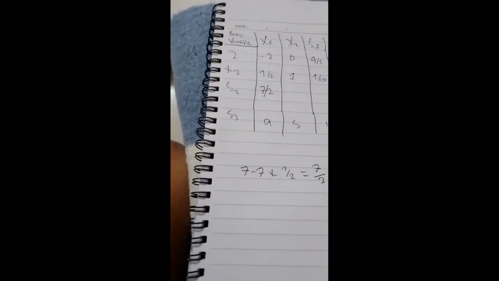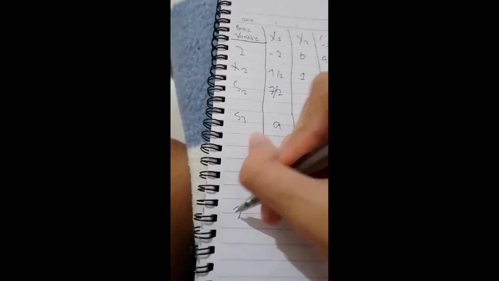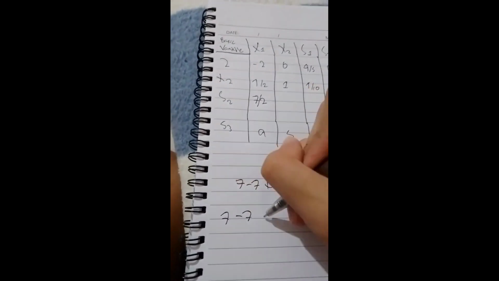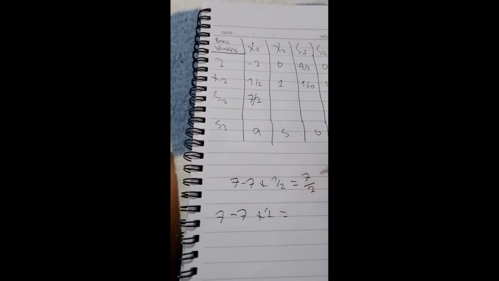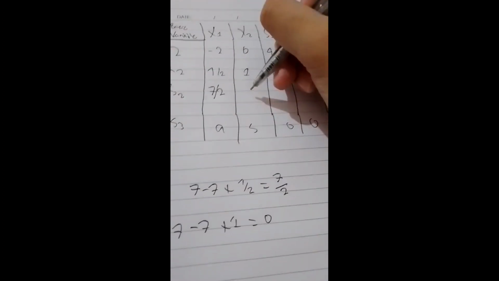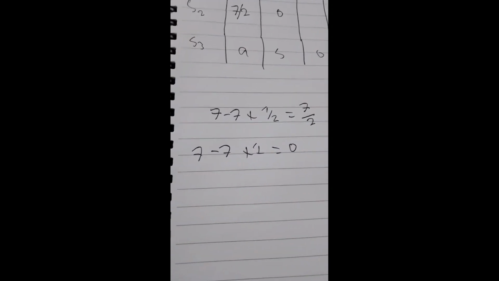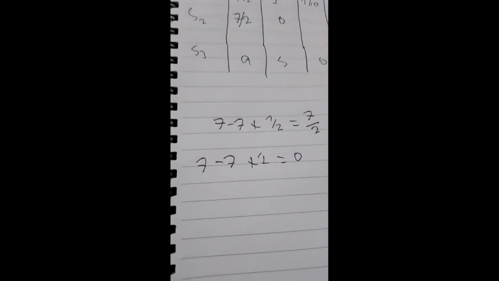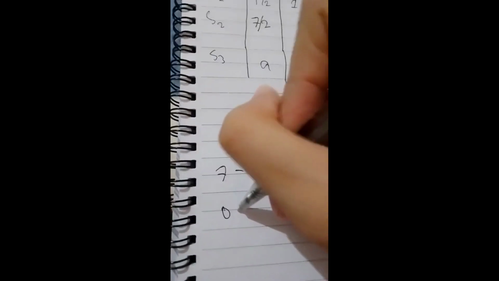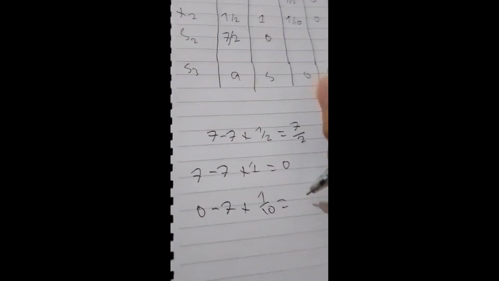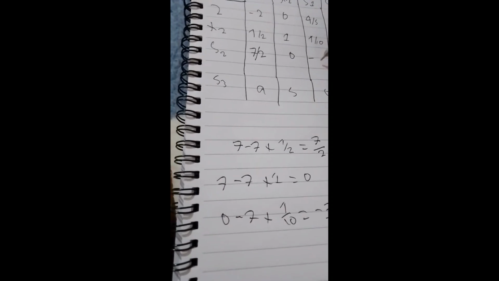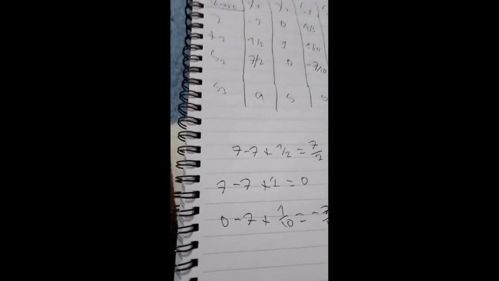Next one naman is X2: 7 minus 7 times 1 is equal to 0. 0 naman to. The next one naman is S1: 0 minus 7 times 1/10 is equal to negative 7/10. Negative 7/10.